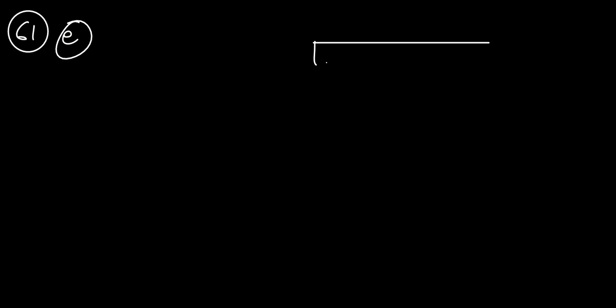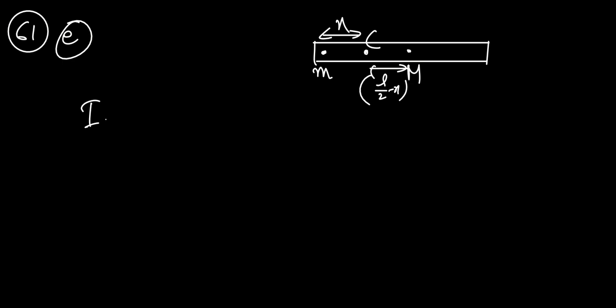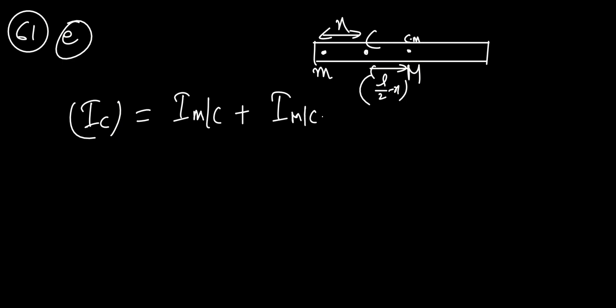Okay. Now let's go to the E part. It is asking to find the moment of inertia with respect to the center of mass. So this is the rod, this mass is lying here, m, this is the center of mass, and one mass is lying here, M. If this distance is x and this distance is L by 2 minus x, then I with respect to center of mass is the I of mass with respect to center of mass plus the I of the rod, that is capital M, with respect to center of mass.